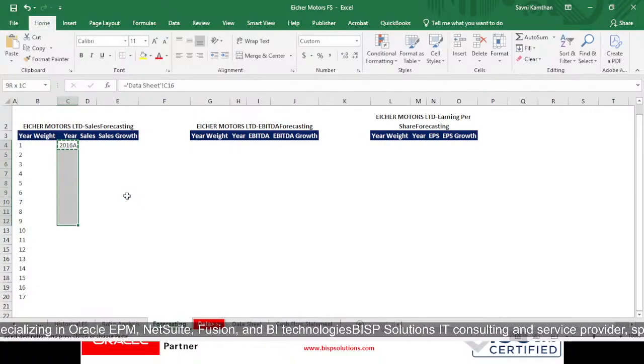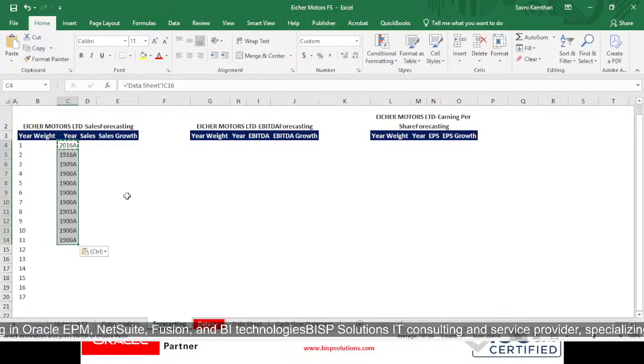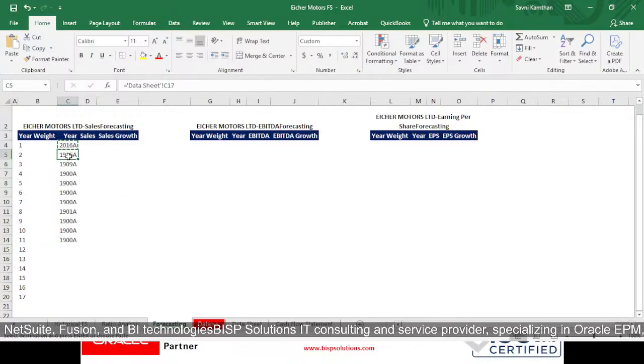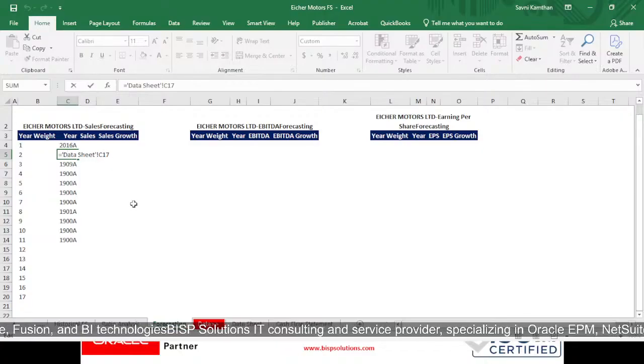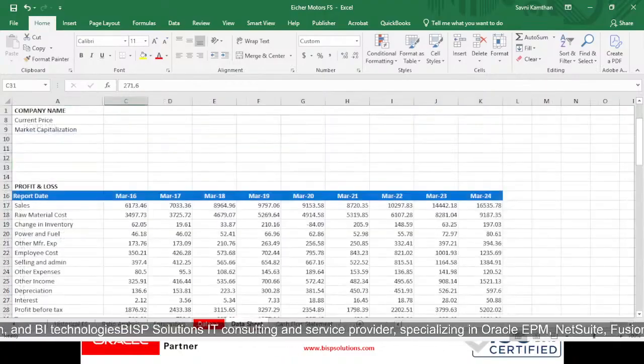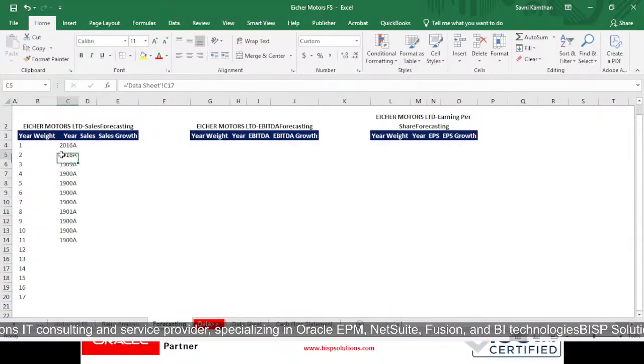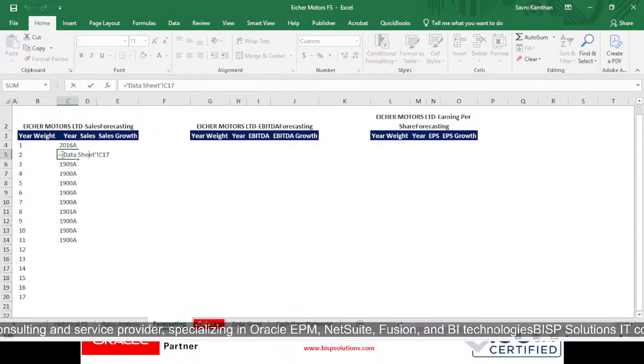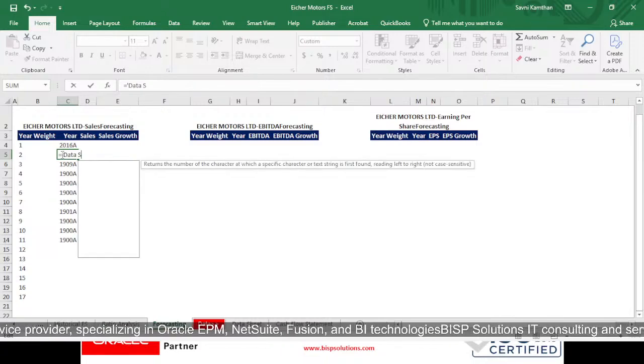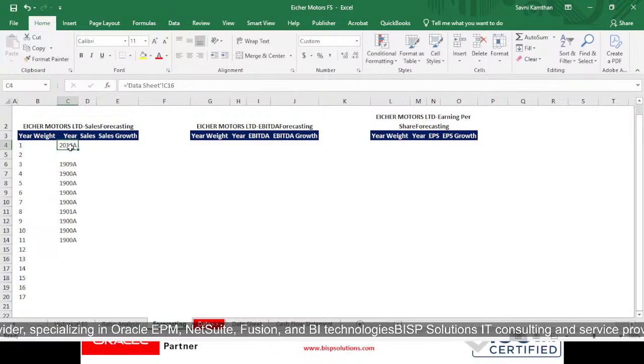Control+C. It is taking C17, so we have to see, so it is taking this. So again, forecasting, and we have to understand that in 2016A it is C16.